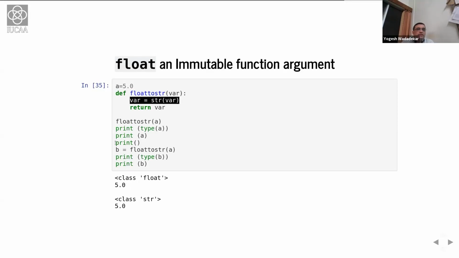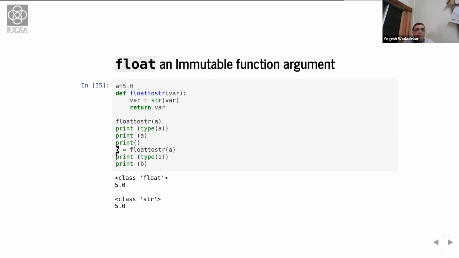Then I have this print with no arguments, just to leave an empty blank line. But now I call the function again, float to string, with the same argument a, but this time I capture the return, this var which is getting returned from the function, in a variable called b.